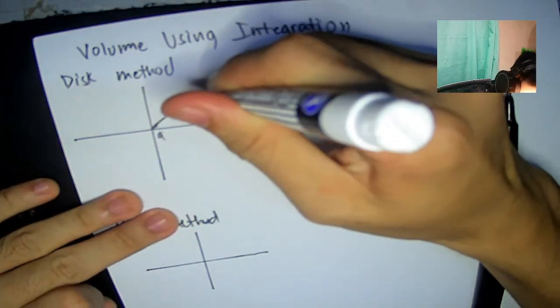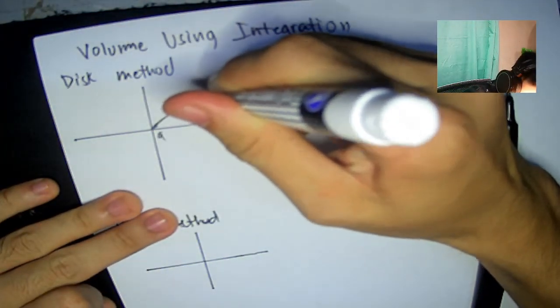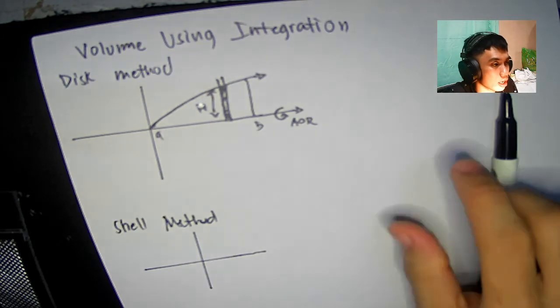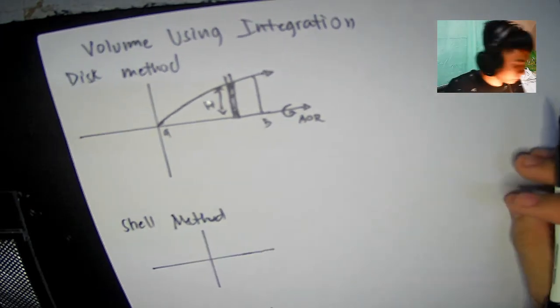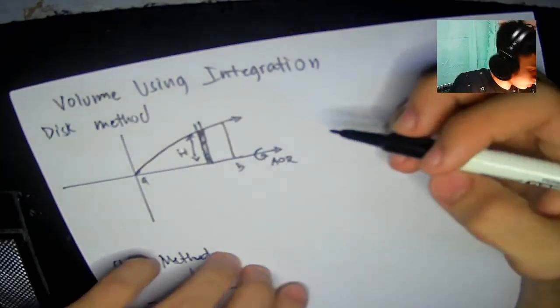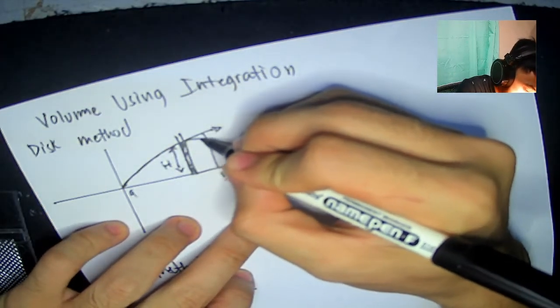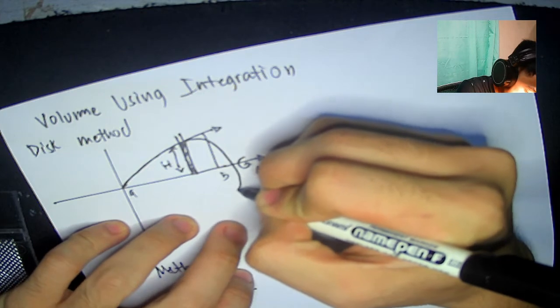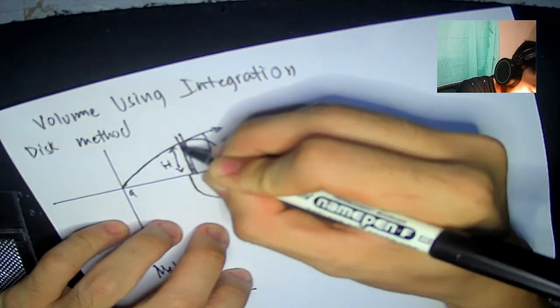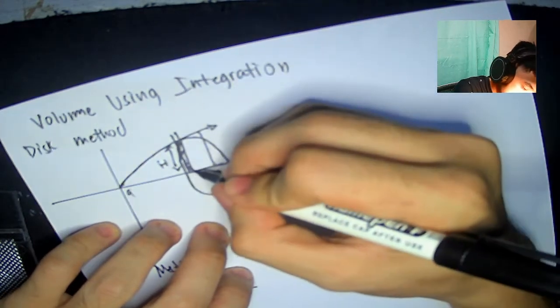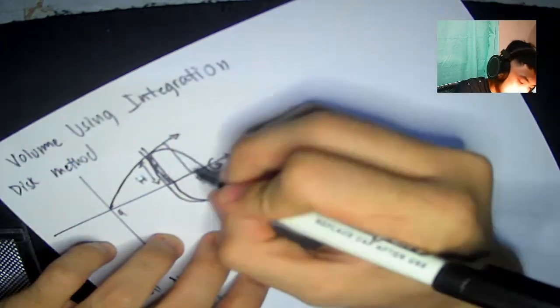Let's clear this a little bit. So that's it, h. You'll draw an imaginary disk here. Be careful and be symmetrical. So the disk looks like this, and it rotates right there.